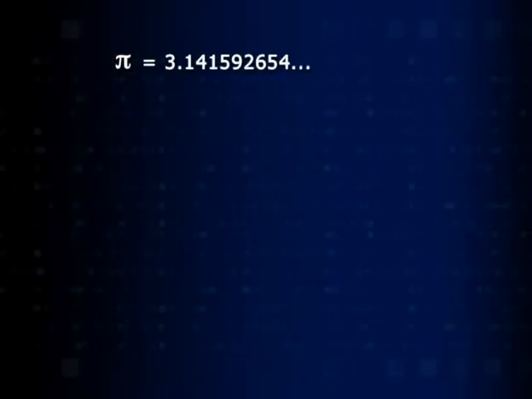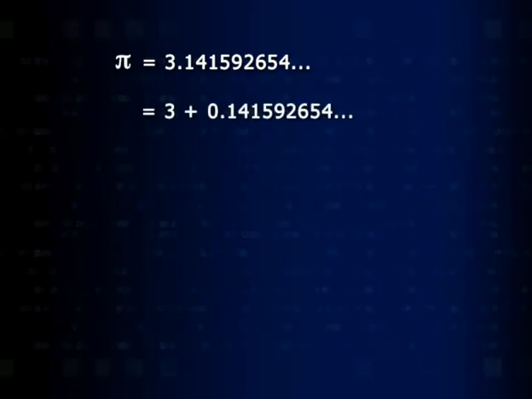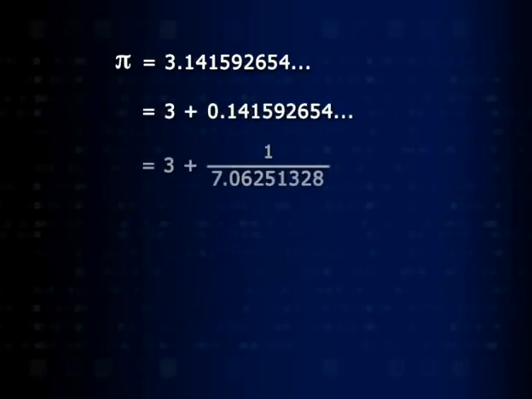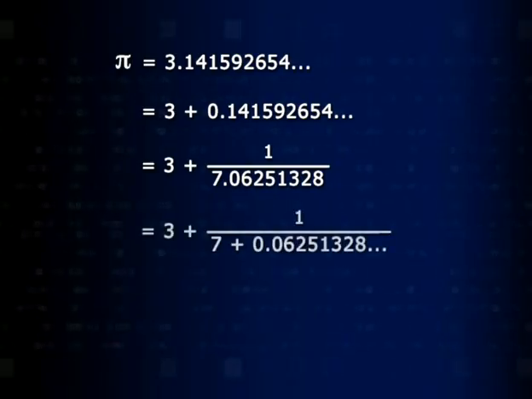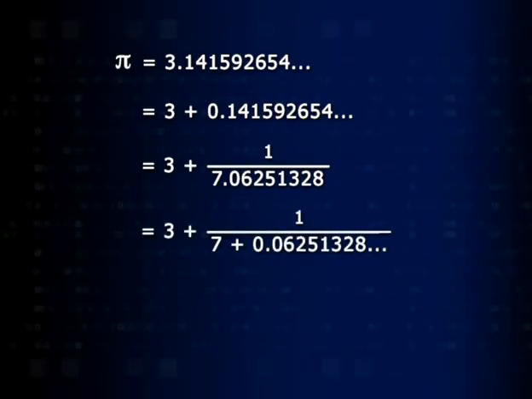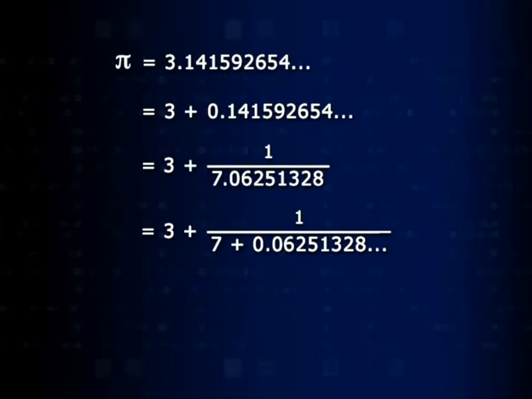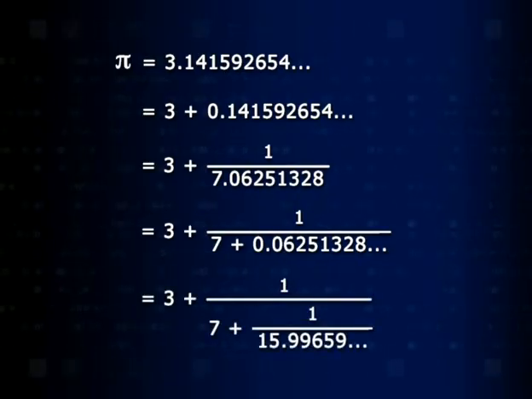Well, let's take a moment to revisit some other famous numbers that we've already looked at and now consider their continued fraction expansions. If we compute the continued fraction for pi, then we would see, of course, the decimal is 3.1415 and so on. We pull off the 3 and then take the fractional part and write it as 1 over 7.06 something, and therefore we have a 7 plus a tiny fractional part, 0.06 something, which is 1 over 15.9 something.